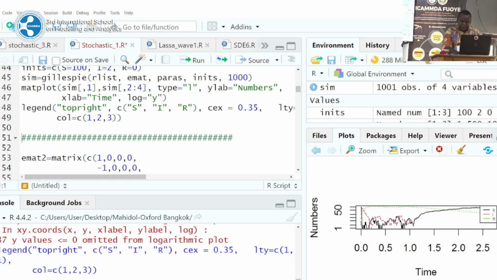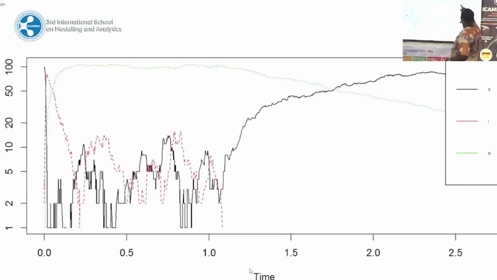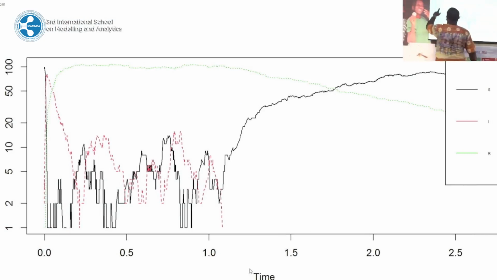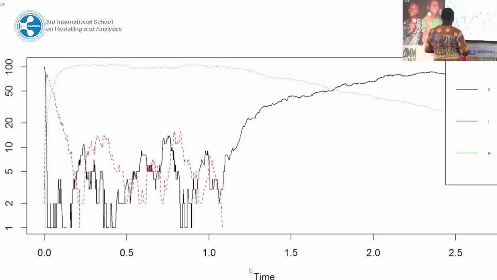At the beginning they were more, and then at certain time they began to drop. The susceptible started dropping because some of them are being infected. If you take maybe time between 0 and 1, you have a range of susceptible population at any given time, maybe at time 1.